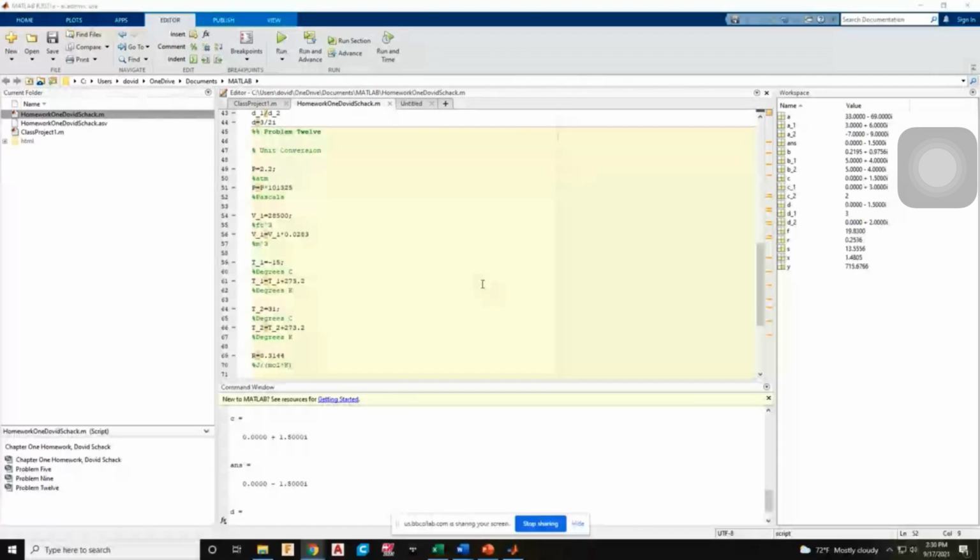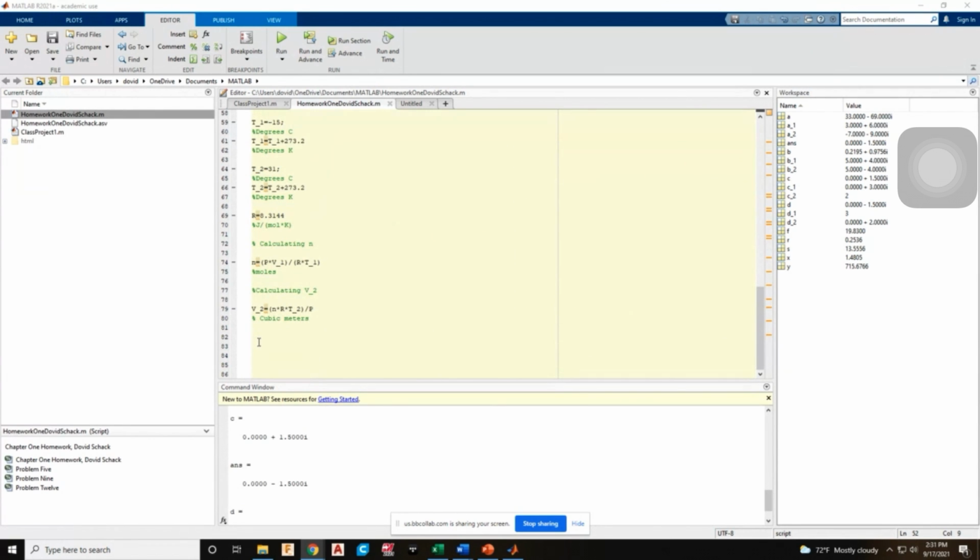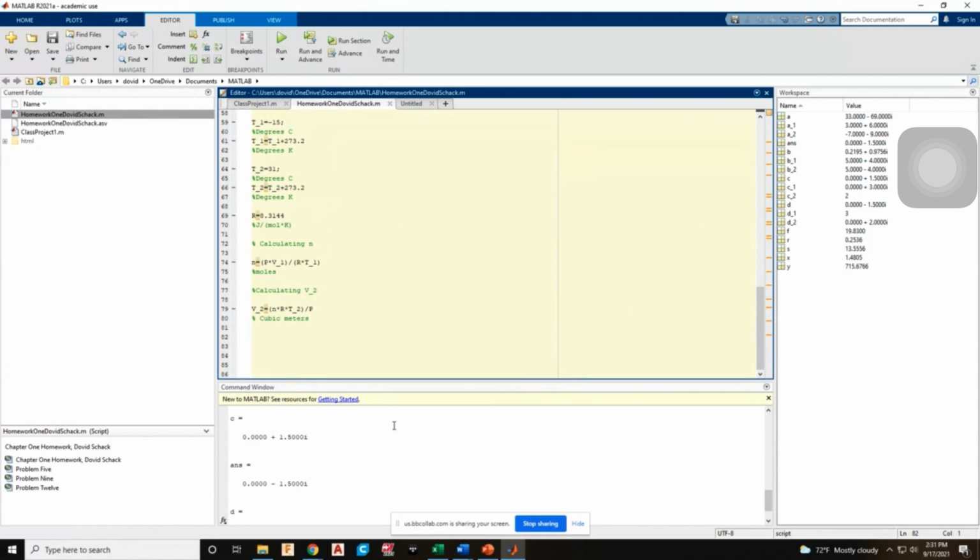Very good. So again, the P, as you see here, I didn't need it. I did not need that value, and I did not need N, and I did not need R. So what I would say is, leave the stuff that you have. I don't want to erase it. Just go to the bottom and let's write the instructions as they are here. So we're going to say T1 equals negative 15 plus 273.2.